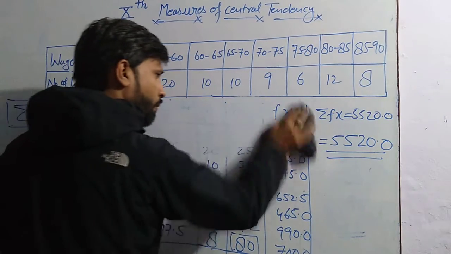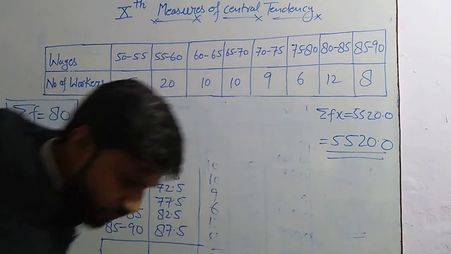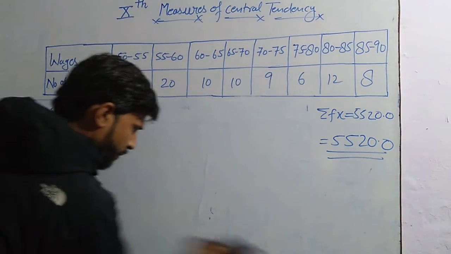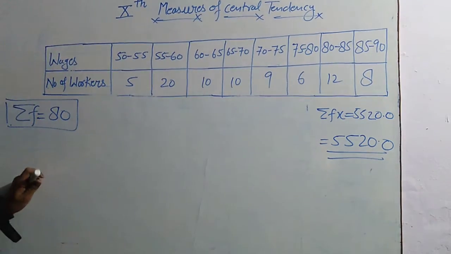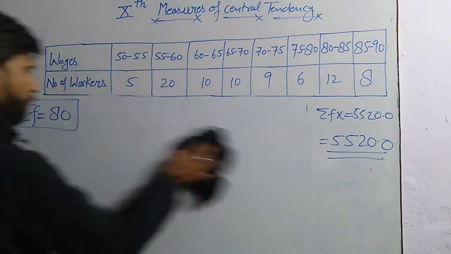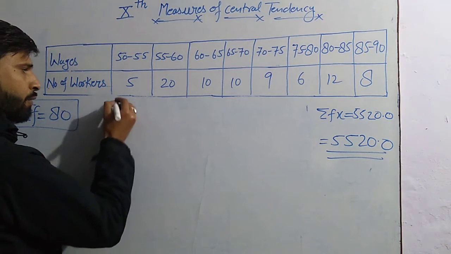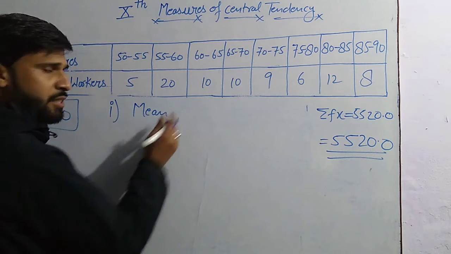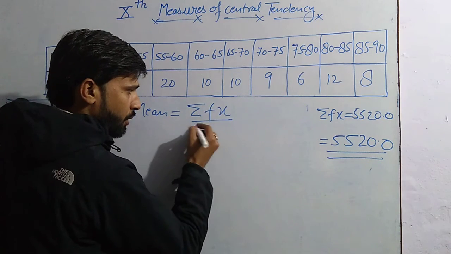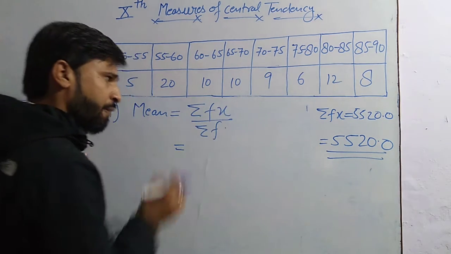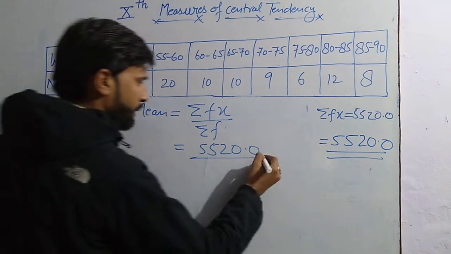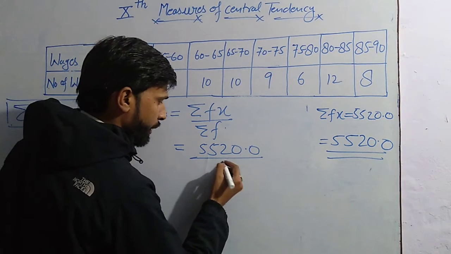Therefore, now the first part of the question, the mean, is defined by using the formula sigma fx upon sigma f. Sigma fx is 5,520.0 and sigma f is 80.